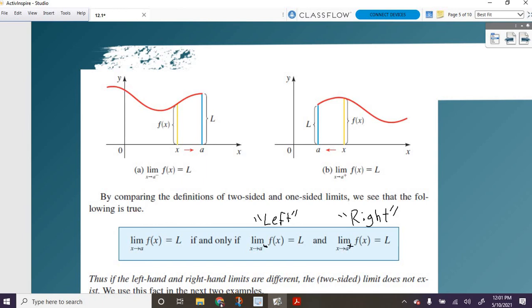However, what's the one type of graph that might throw this off? We reviewed them on Friday. Piecewise functions, right? If I'm looking at a piecewise function, my pieces might not necessarily line up. Yeah? So look at an example of that.